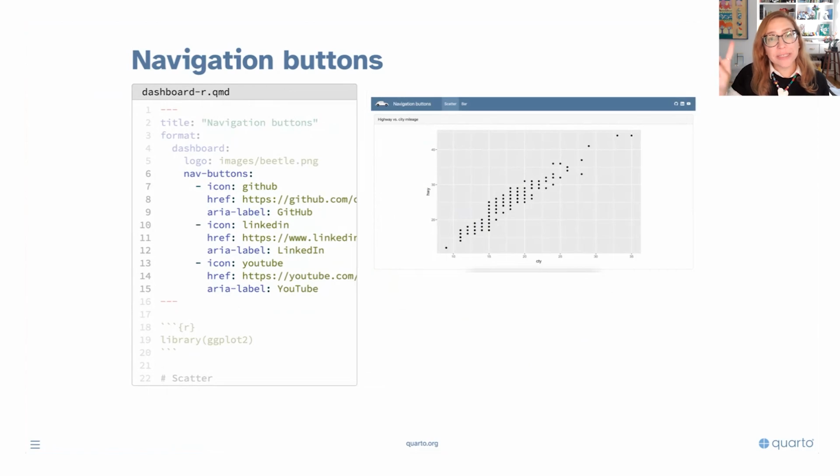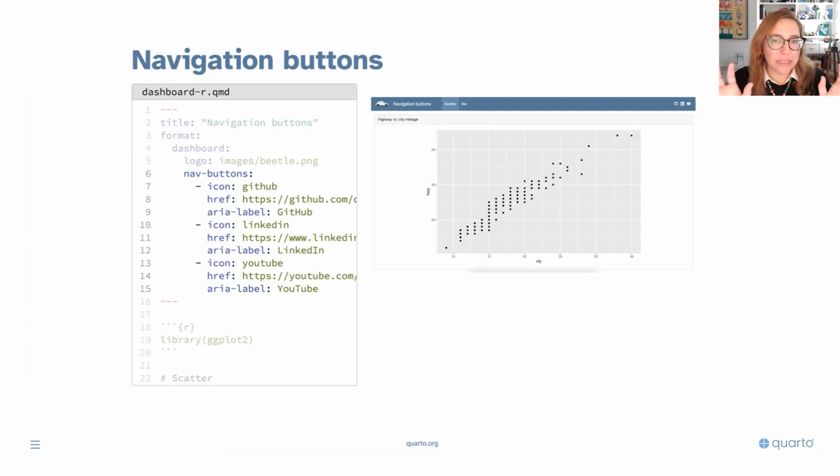And here we go, we can see those 3 social buttons, and Quarto is doing some default styling to move them to the other side of the navigation bar. As you can imagine, anything is customizable, and we're going to talk about styling and customizing the style of your Quarto dashboards in our third video.